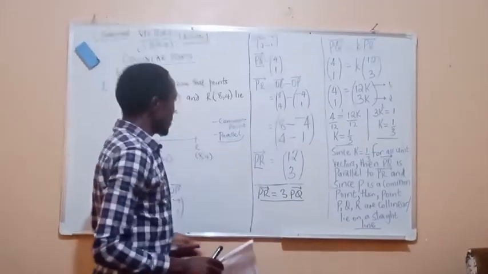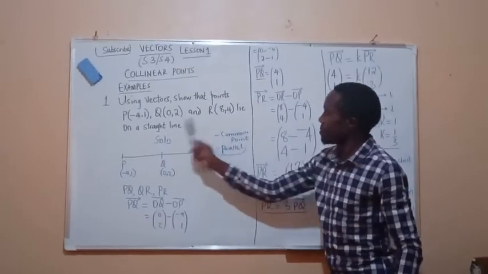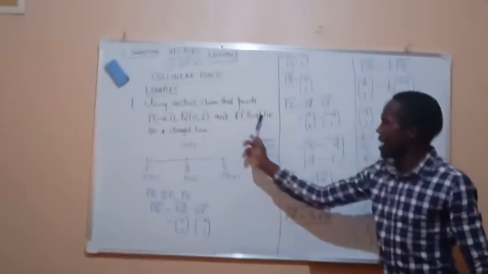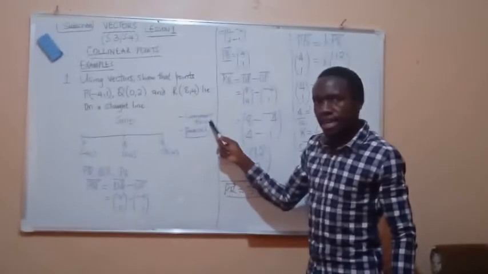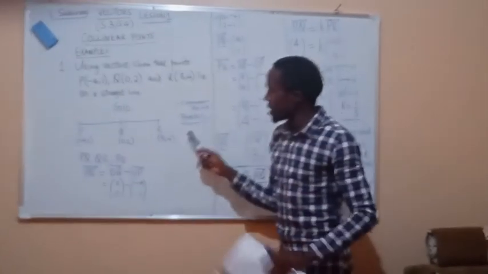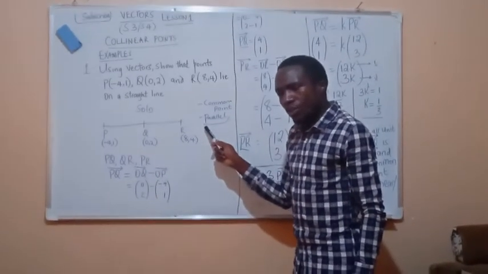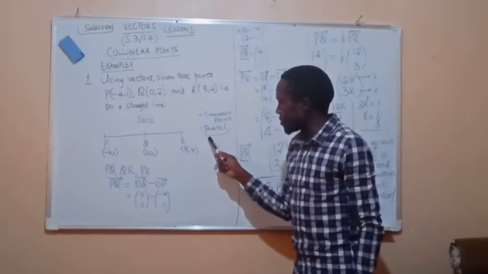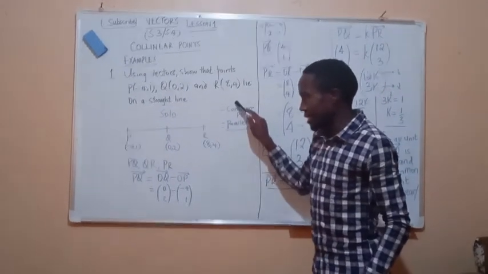To summarize for you, if you are told to show that points lie on a straight line or are collinear, you need to show that those points you're considering have got a common point. Another thing, you have to bring in the parallel idea.